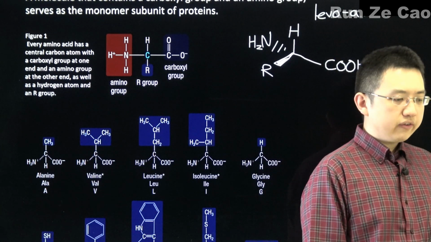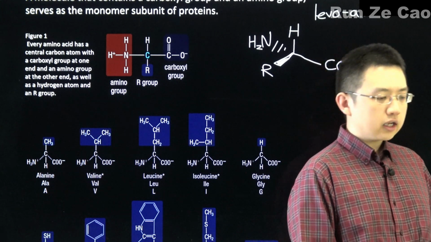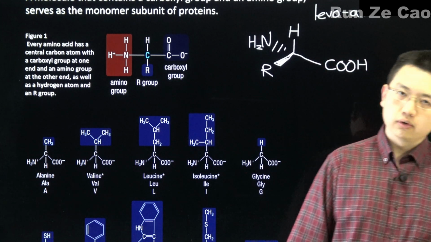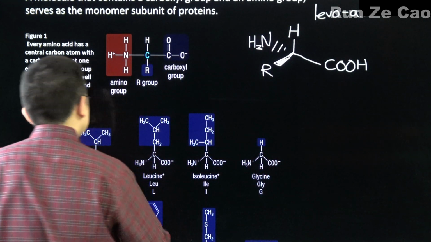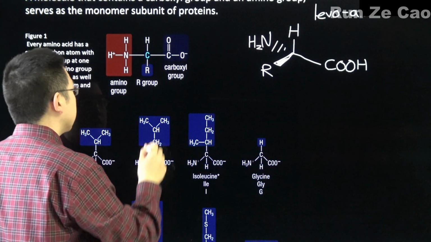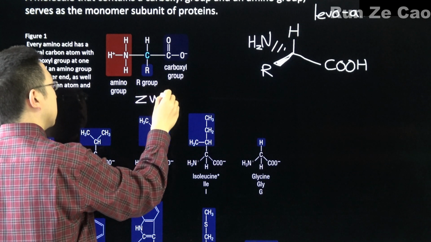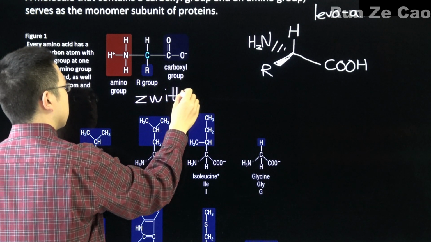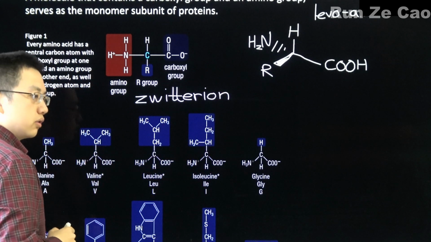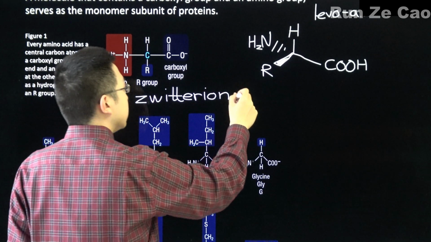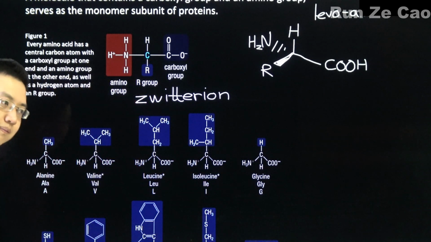so what does having both an amino and a carboxyl group do to a molecule? Well, when you put it in neutral solutions, it tends to exist in this form. This is called a Zwitter ion. Or you can say that this is the Zwitter ionic form.